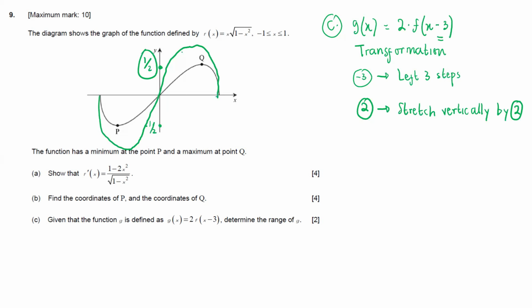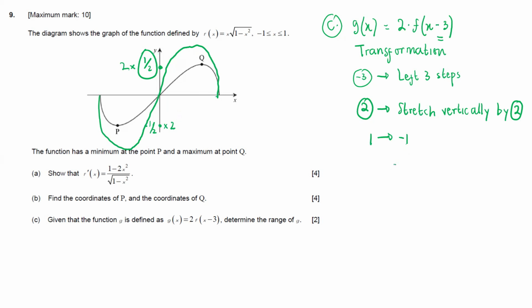How far will it go? Well, we will multiply it with 2, right? So from half right here, we will multiply this with 2 and we will multiply this with 2. Meaning that our new y after it's stretched vertically by 2 is going to be from 1, 2 times half, all the way to negative 1. From 1 to negative 1. So this is going to be our new range right here.